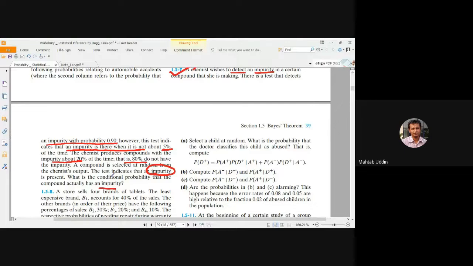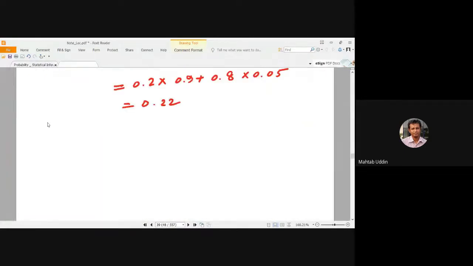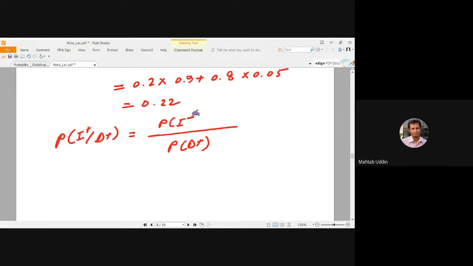That is now the reverse way. Already detected, so what we find is the actual impurity present. So it will be impurity detect by total detect.